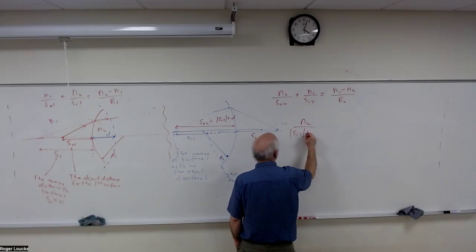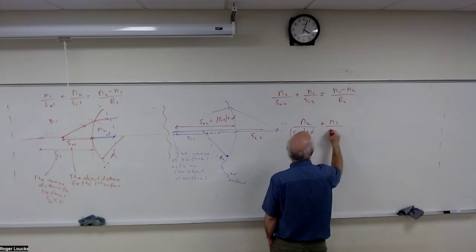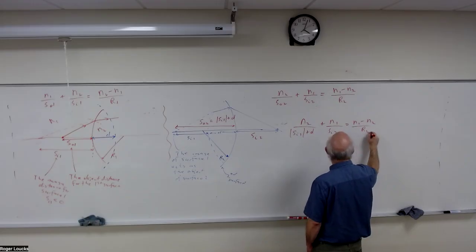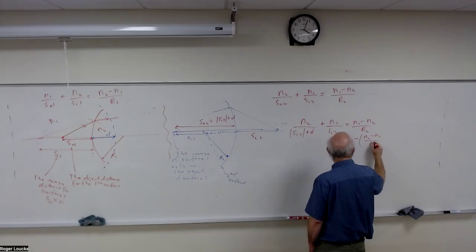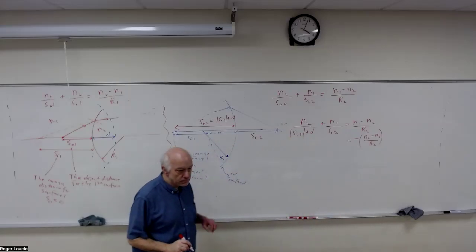SI1 plus D, plus N1 over SI2 equals N1 minus N2 over R2. This side here is really going to be minus N2 minus N1 over R2. Right?